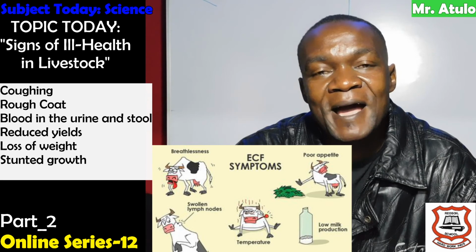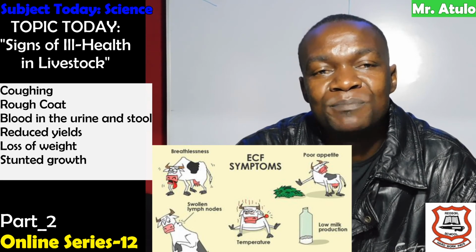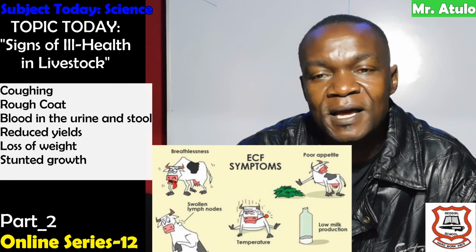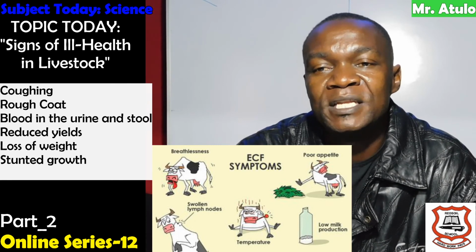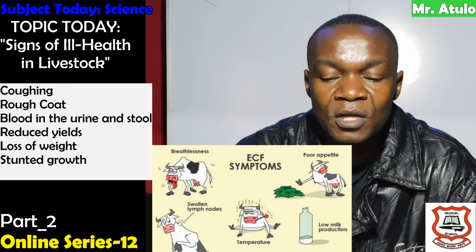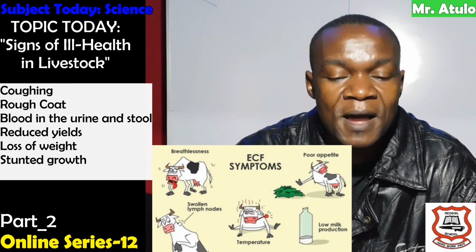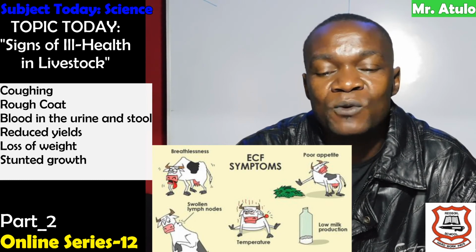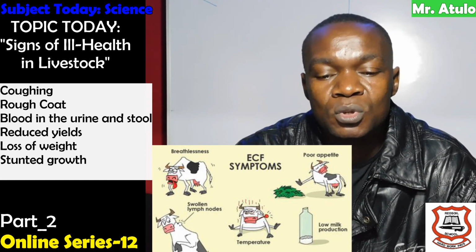And if it's the hides or the skin, it becomes perforated, especially by the external parasites. When they bite the animal, they perforate it, and when it is perforated, it cannot fetch good money. So it is important that we are keen enough to see such things whenever they are on our animals, so that we can control them.